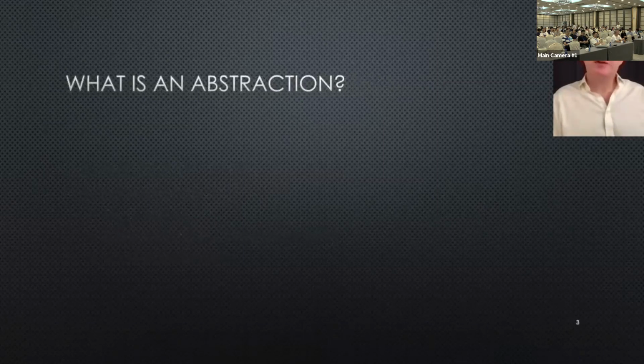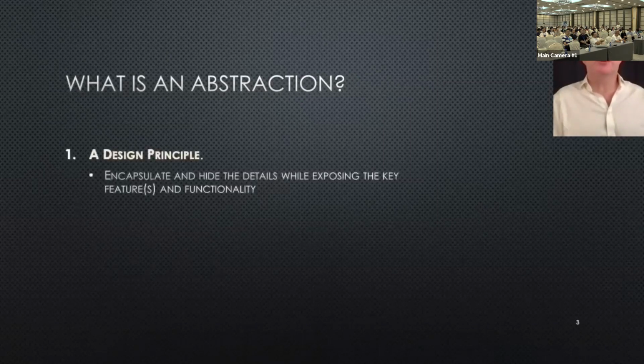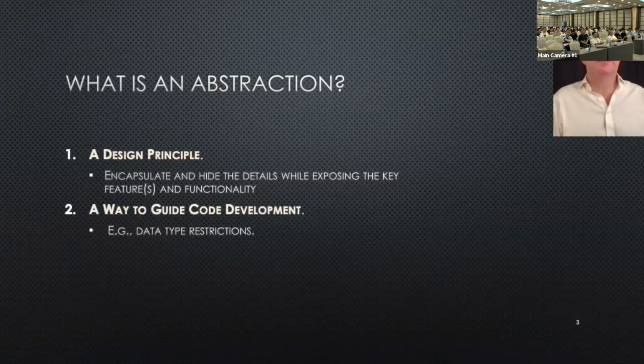So what is an abstraction? I use the word abstraction in the title. There are several meanings to abstraction, all of which I think say something relevant to today's talk. The first is a design principle, the idea that you encapsulate a particular method so that you expose a certain interface and hide all of the details at a finer level of granularity, allowing you to focus on one particular level and simplify your design task.